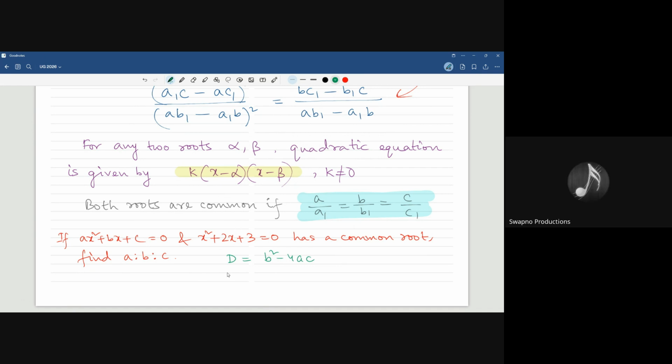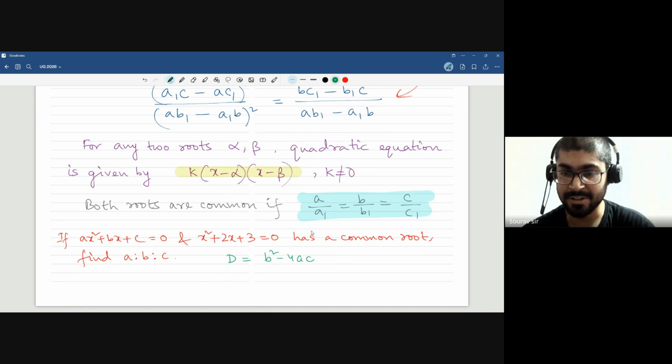Sir, is the answer 1 is to 2 is to 3? Yes. Let us just write 2 square minus 4 into 3 into 1, which is less than 0, implies complex roots. So two complex roots, that means in conjugate pairs.